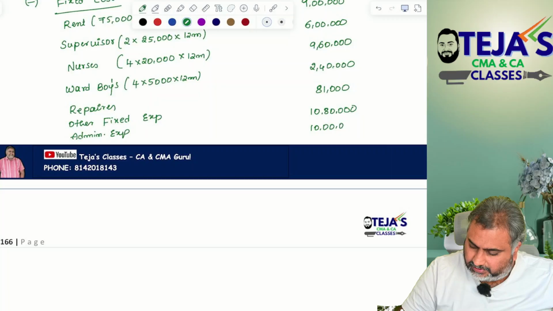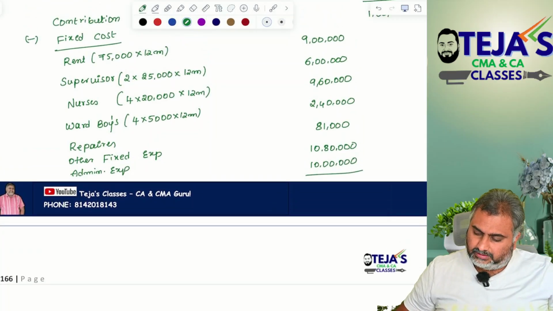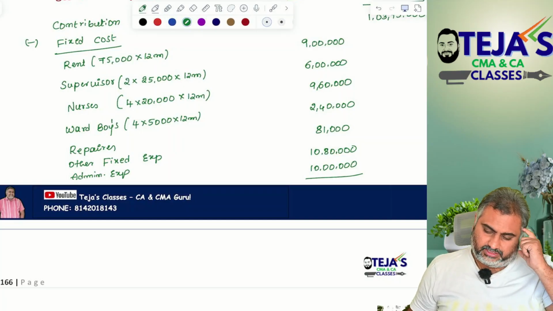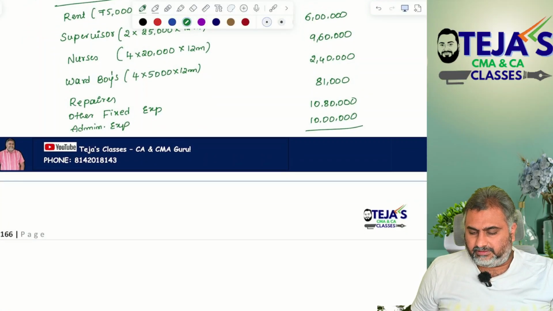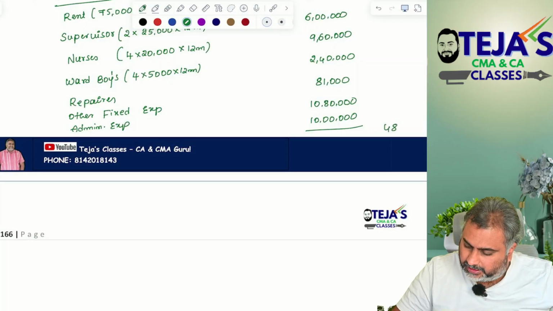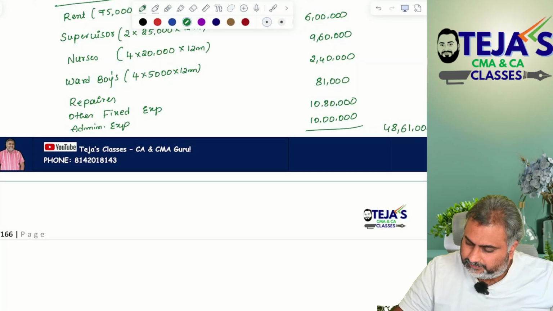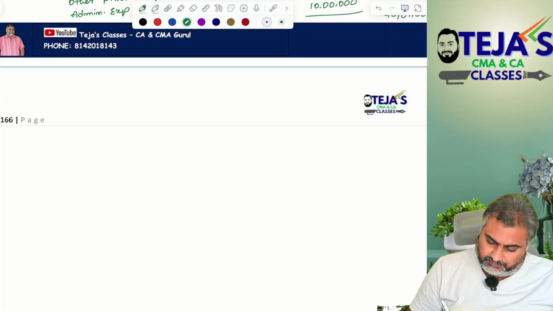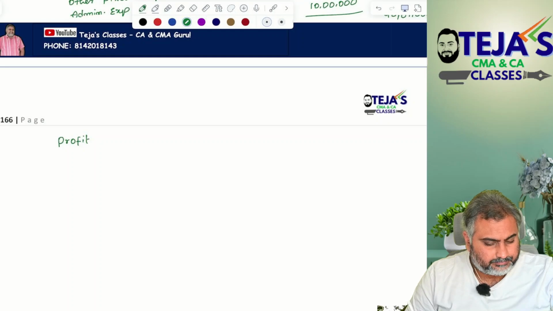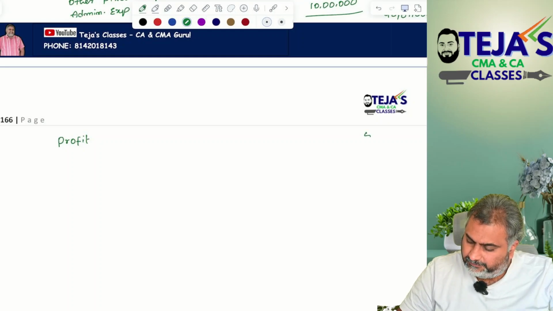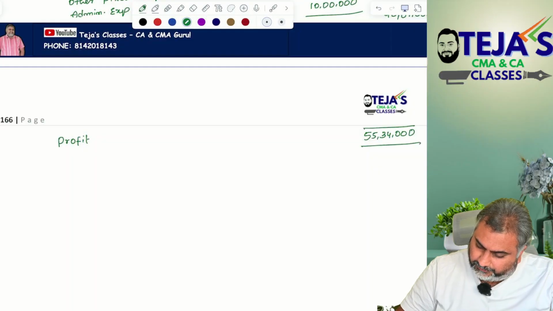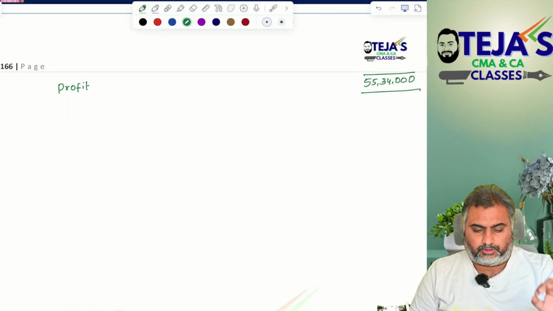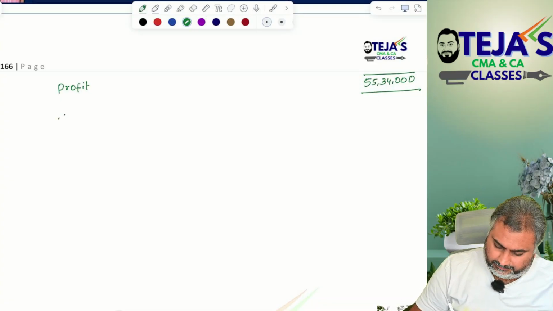Total is 48 lakh 61,000. From your contribution, if you eliminate this fixed cost, you are getting profit. How much now? 55 lakh 34,000 is our profit.